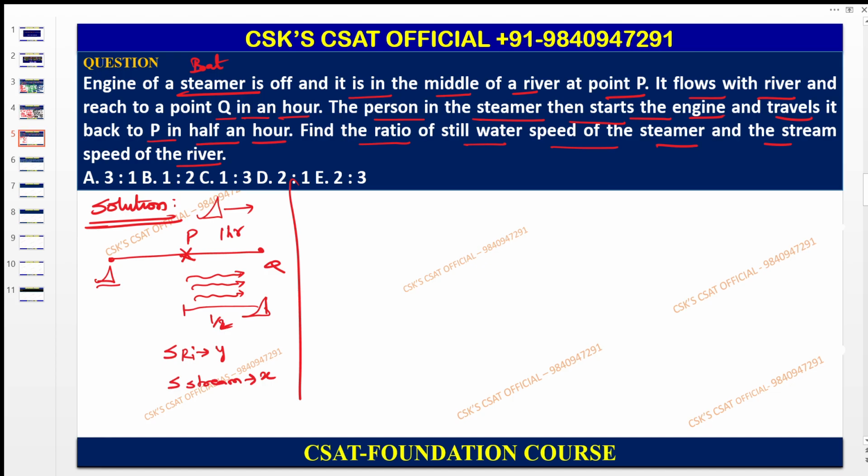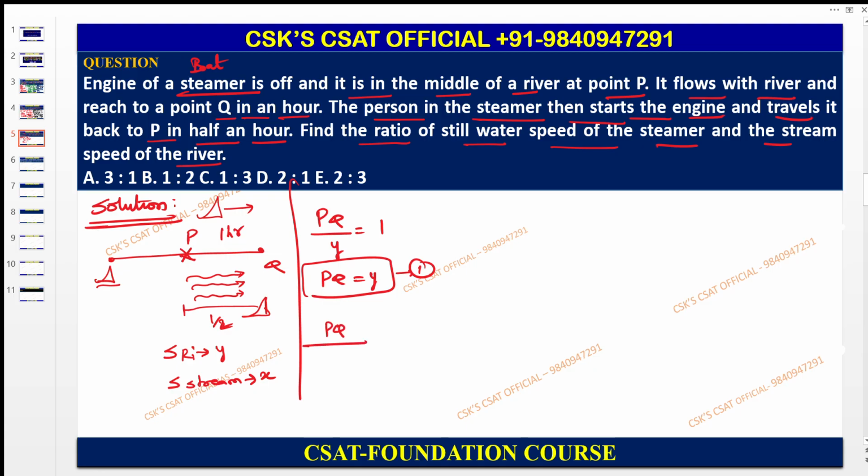Now try to understand. The engine is switched off, right? Here the distance PQ is covered in 1 hour with the speed of the river only. So PQ becomes y. You can take this as equation number 1. Now QP, the returning one, is the same distance as PQ.